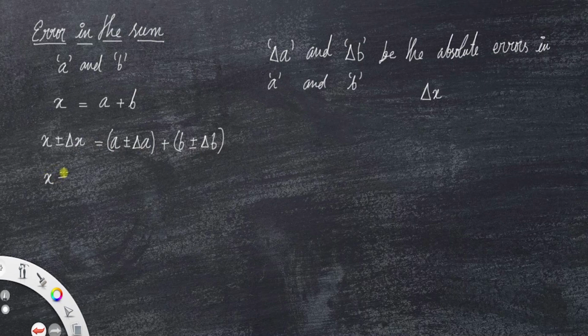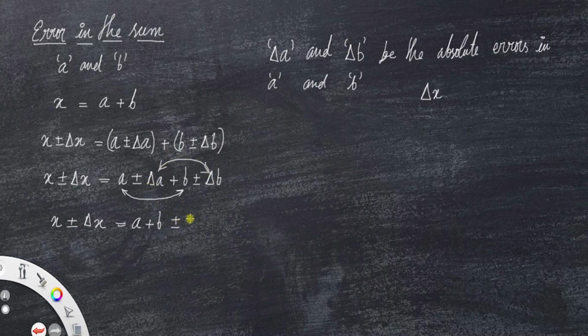Now we can simplify this. We have x plus or minus delta x is equal to, if you remove the brackets, a plus or minus delta a plus b plus or minus delta b. You can write the two variables together, like x plus or minus delta x is equal to a plus b. Now these two terms together, you can write as plus or minus delta a plus or minus delta b. Clear?